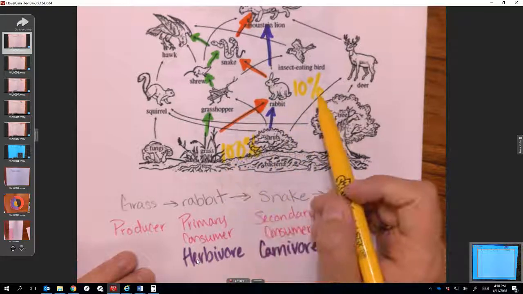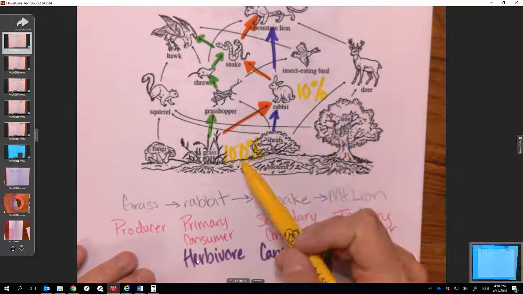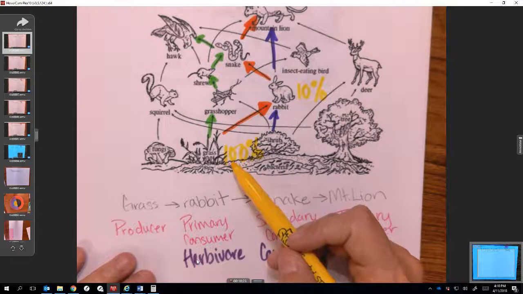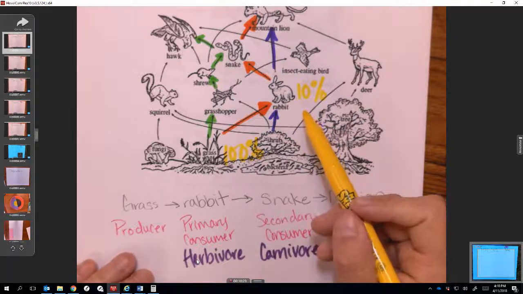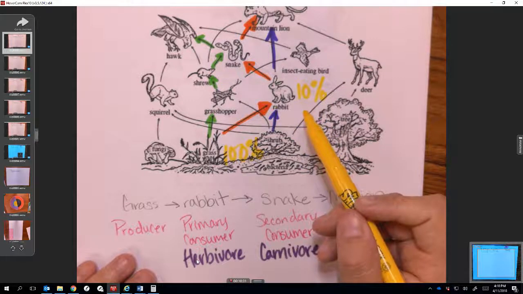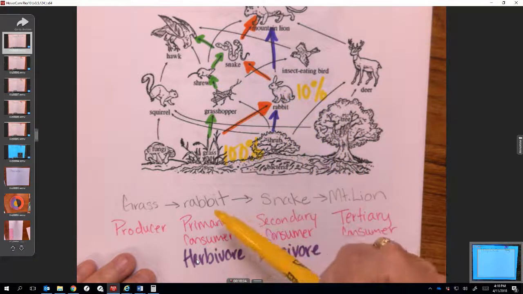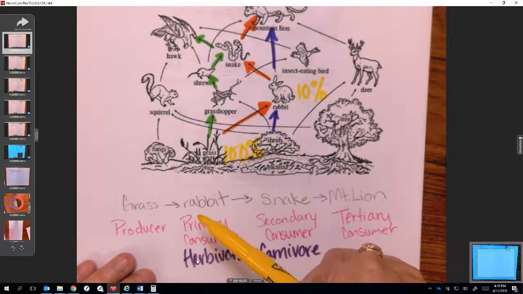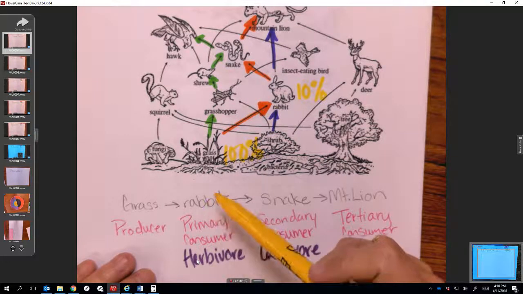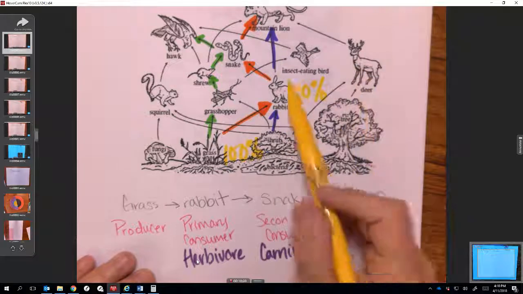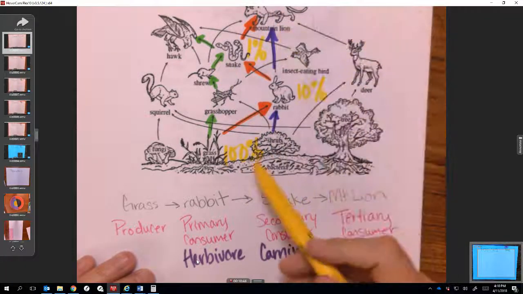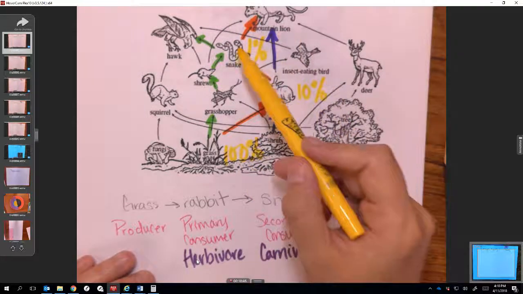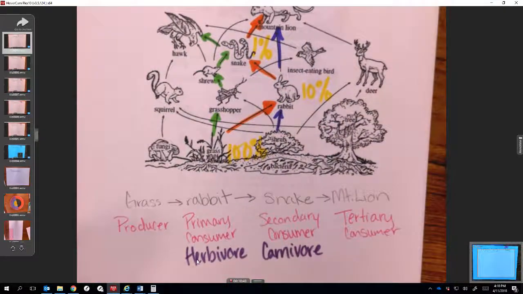From that one grass plant, so if we're thinking one plant of grass passes 10% of its original energy to this rabbit, that rabbit's going to use about 90% of that and store about 10%. So 10% would be passed to that snake, which 10% of 10 is 1%, and so forth. So you can see how available energy is decreasing as you go through the food chain.